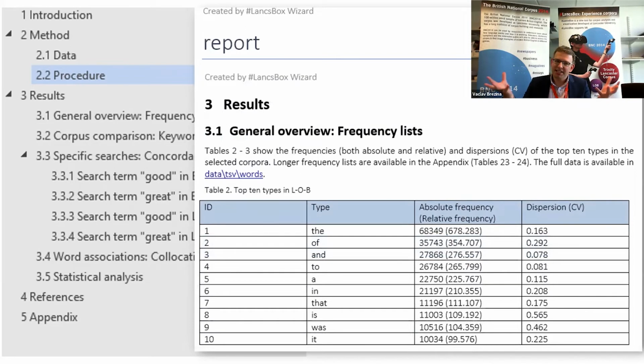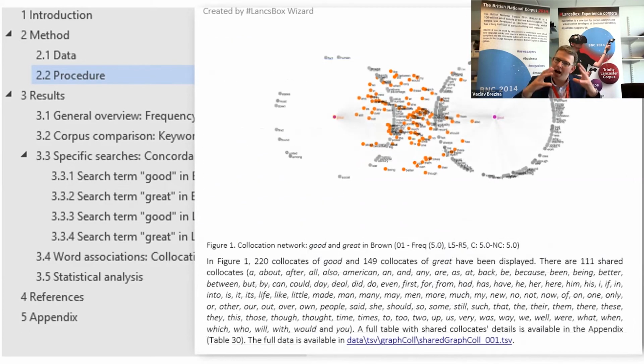It displays the results again, labels the tables, comments on the tables, highlights the most important results in the table, displays graphs, but also describes the graphs, something that might be fairly complex in this particular case to see for a human eye. The tool obviously knows what the shared collocates are here in this particular graph, and it lists them and provides a link to the full data set for further reference if needed.